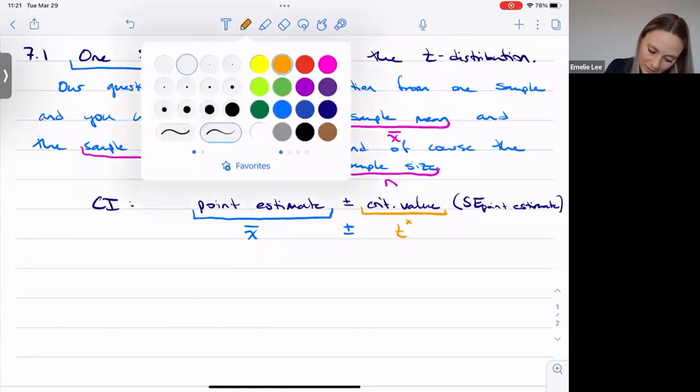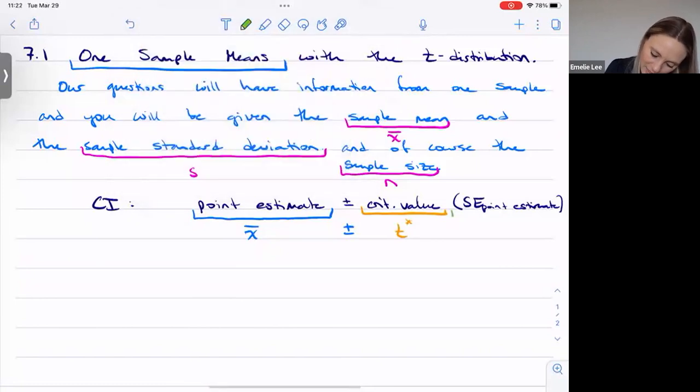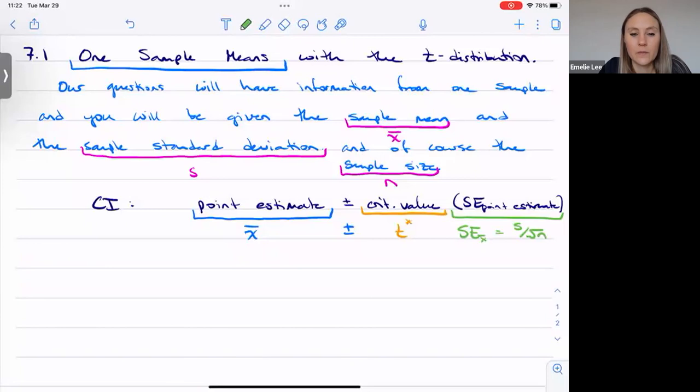And then the standard error of the point estimate. Well, the point estimate here is X bar, so the standard error of X bar is S over root N. What's nice about means questions is that standard error stays the same for both confidence intervals and hypothesis testing, which was not true for proportions.